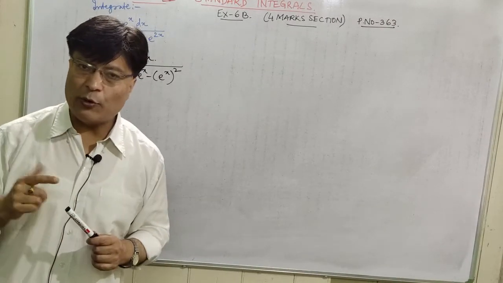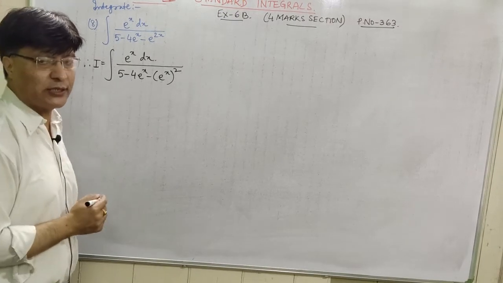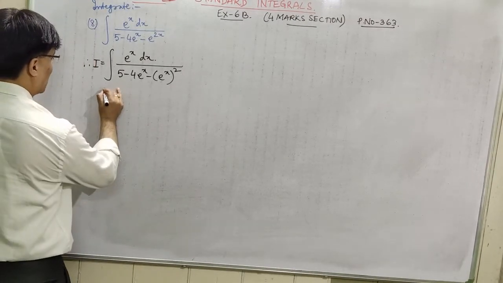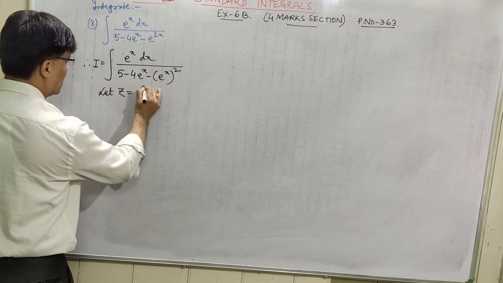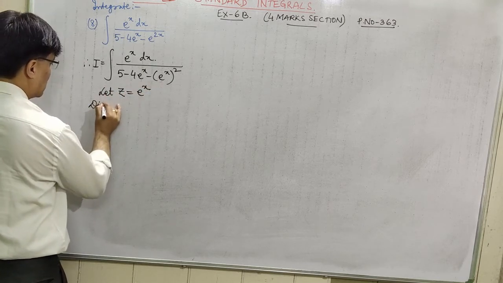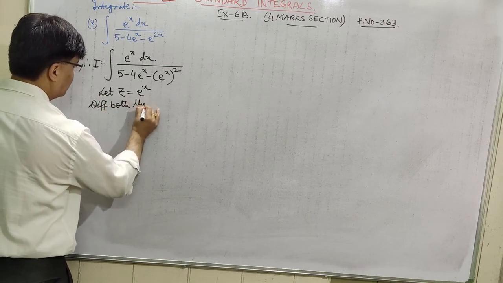Okay. So now you can assume e to the power x as z, because this differentiation is e to the power x, right? So let us do the method of substitution now. Let z is equal to e to the power x. So let us write here differentiating both the sides.